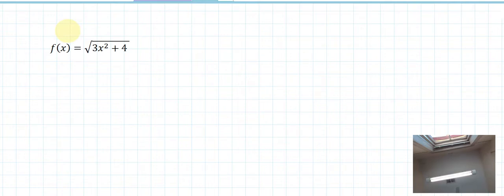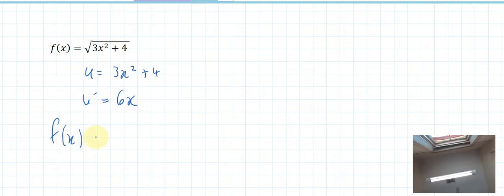Here, really, let u be 3x squared plus 4. u prime is then 6x. Pretty easy. So then consider f of x equal to the square root of u. If you want to be really fancy, you can write let u equal 3x squared plus 4.